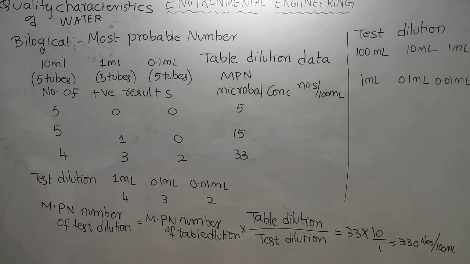As per IS 10500, the latest revision, it was given for E. coli or coliform bacteria that they shall not be detectable in any 100 ml sample.